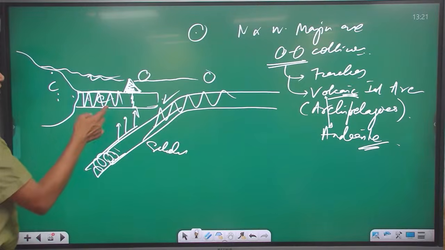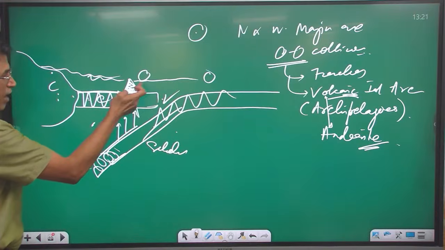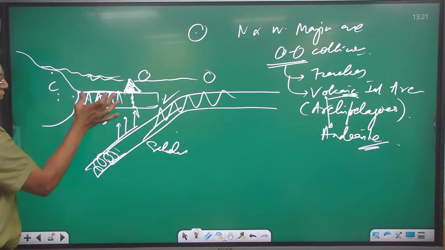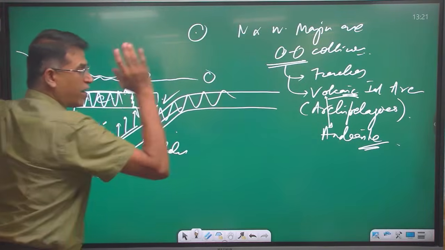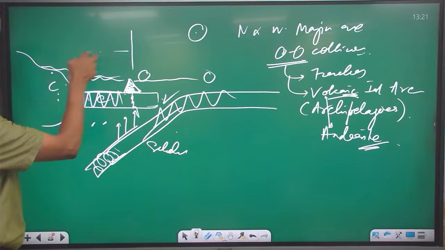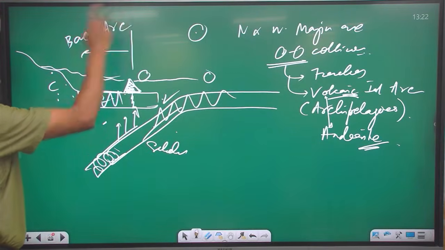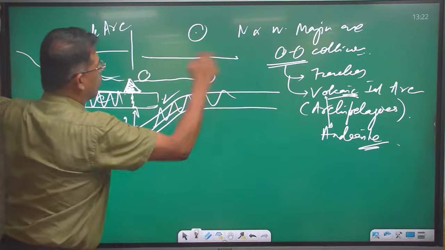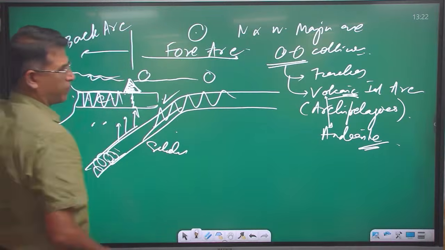In O collisions, there will always be a trench. You'll have an island here, an ocean part behind the island, and an ocean part in front. The part behind is called the back arc zone, and this is the fore arc zone.